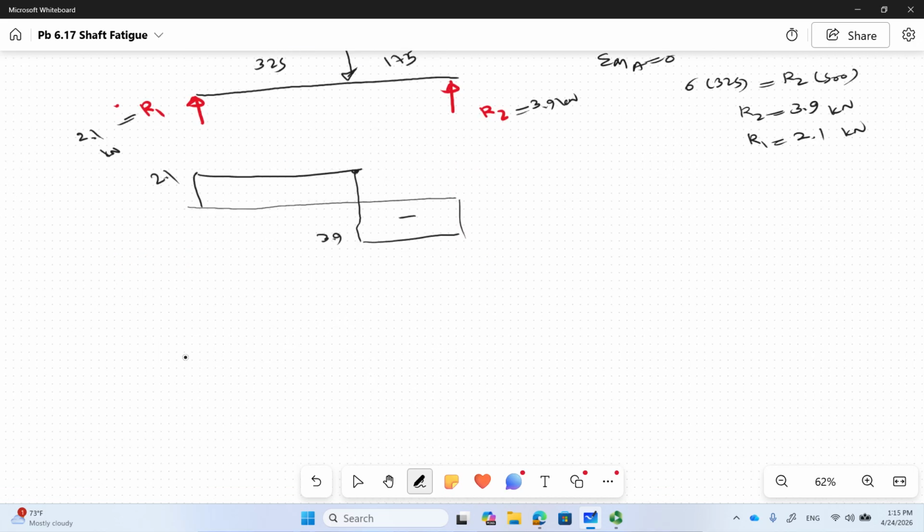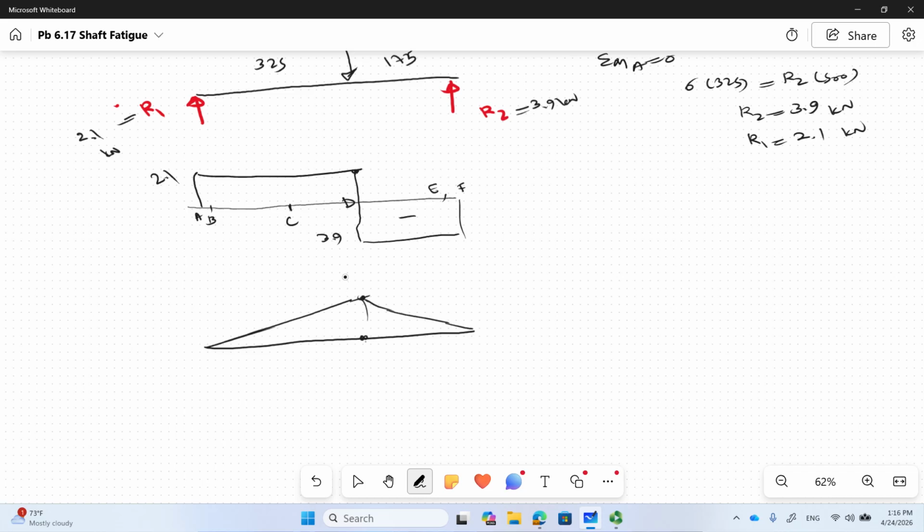Alright, then let's look at the moment. By the way, let me write down the important points. Point A, point B, point C is here, this is point D, this is point E, this is point F. At point D, I'm going to have the highest moment, and then it's going to drop.